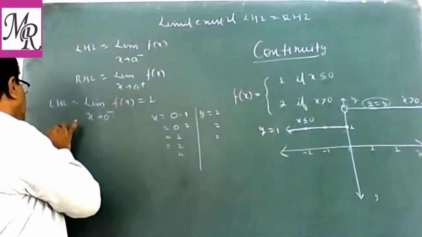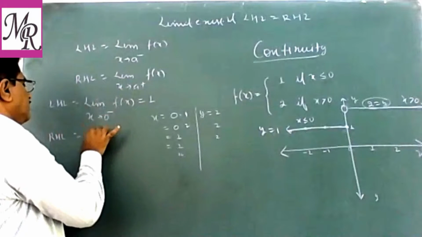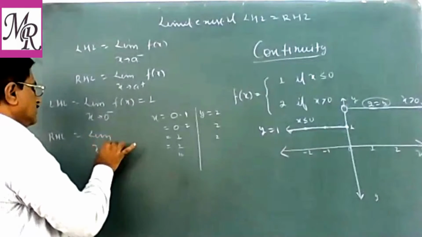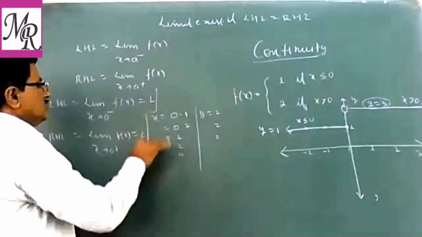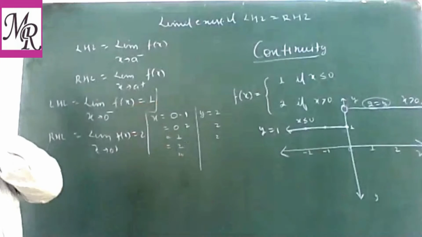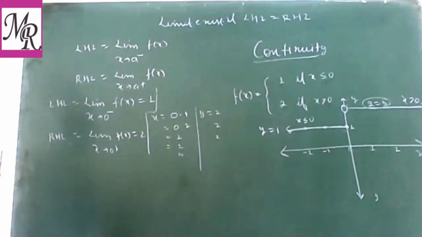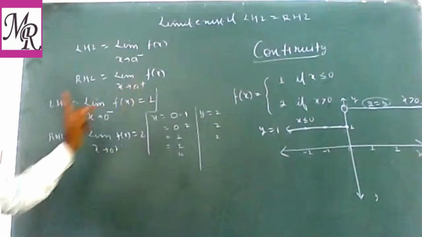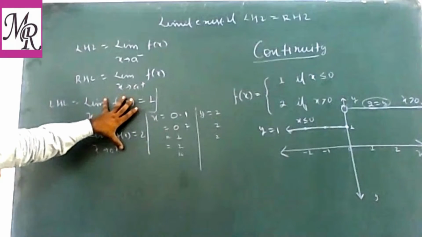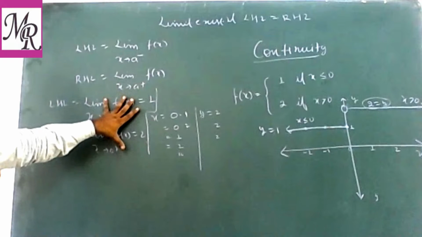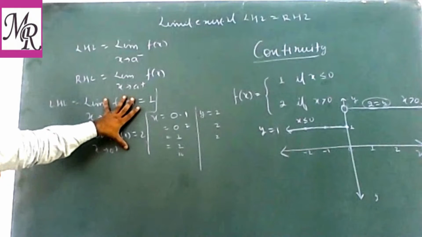And when we are taking right hand limit, means when greater than 0, then value of function is 2. Means we have two values of limit, that is 1 and 2. Clear? Left hand limit is 1, right hand limit is 2. So we can say limit does not exist here because both limits are different.